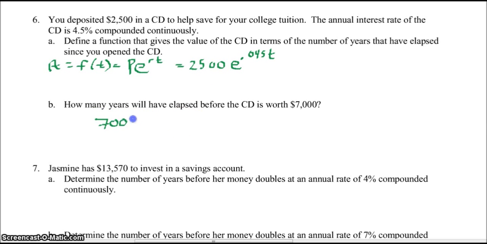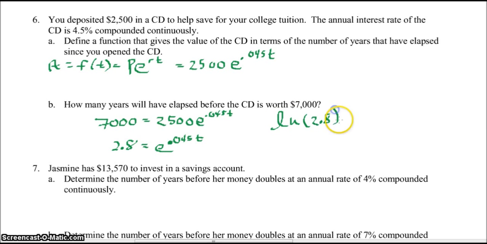How many years will have elapsed before the CD is worth $7,000? So CD is worth $7,000, so we know that's equal to 2,500 e^(0.045t). Let's divide by 2,500. That is 2.8, so 2.8 equals e^(0.045t). Now we can take the natural log of both sides, and since the natural log is the inverse of the exponential function, this right hand side is just 0.045t.